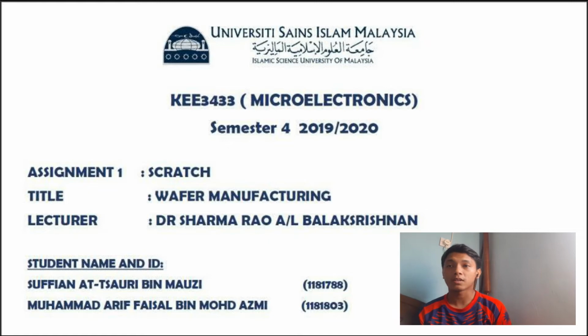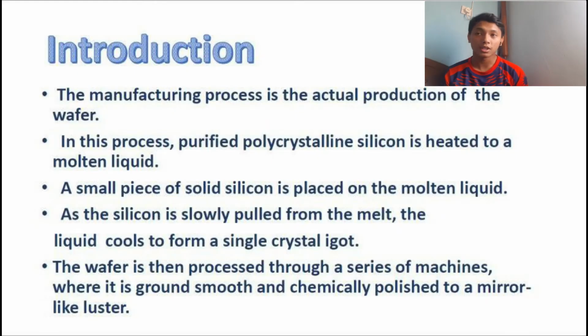So the manufacturing process is the actual production of the wafer. In this process, purified polycrystalline silicon is heated to a molten liquid, and then a small piece of solid silicon is placed on the molten liquid.